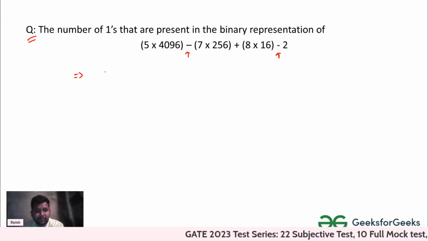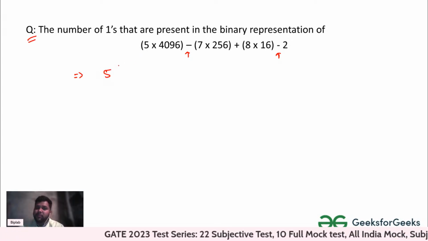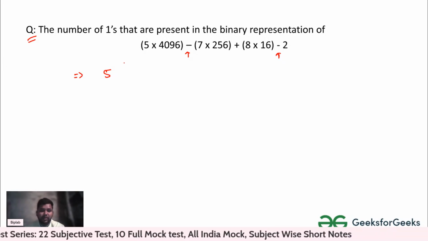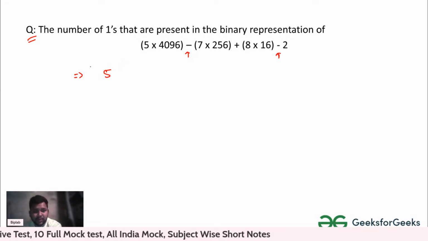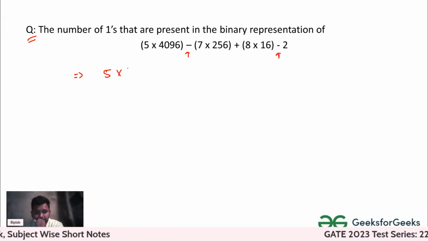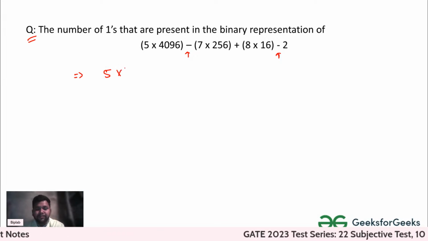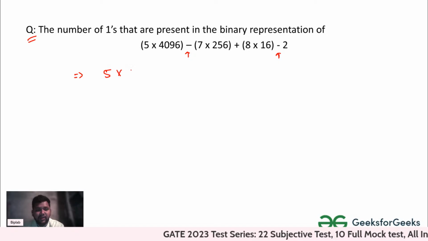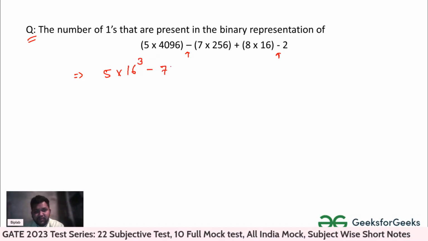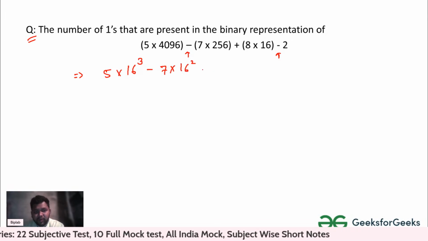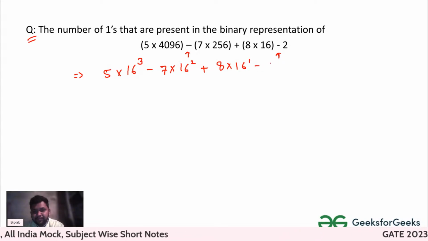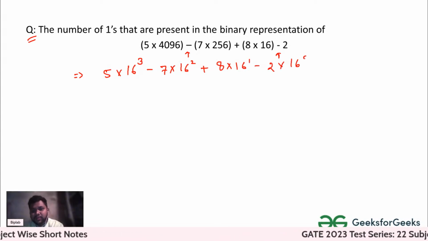First, I know that I cannot convert it directly into decimal and then to binary. This will be a huge process, it cannot be done in less time. So what I will do is first write it in 16 power. That is 16 cube minus 7 into 16 square plus 8 into 16 minus 2 into 16 to the power 0.